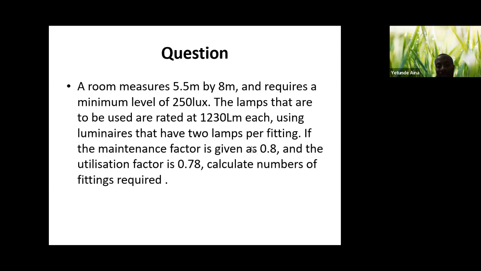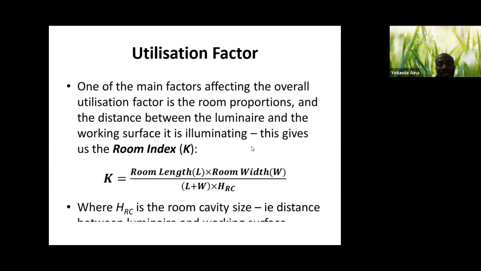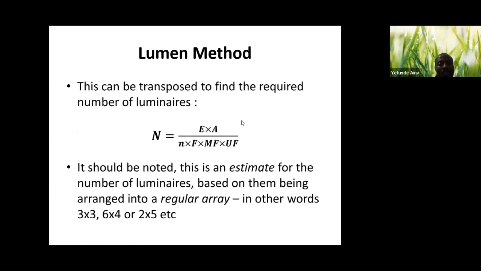To do that, you must understand the formula itself. To calculate the number of luminaires, this is the formula: capital N equals E multiplied by A divided by n multiplied by F multiplied by MF, and UF. Then we must also know what each of these things means.